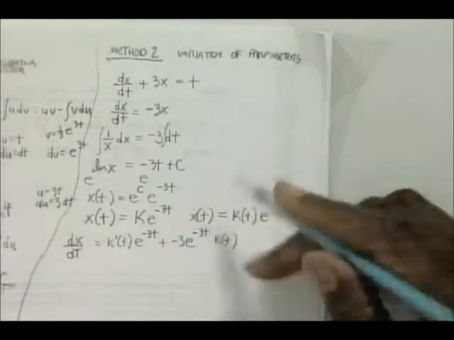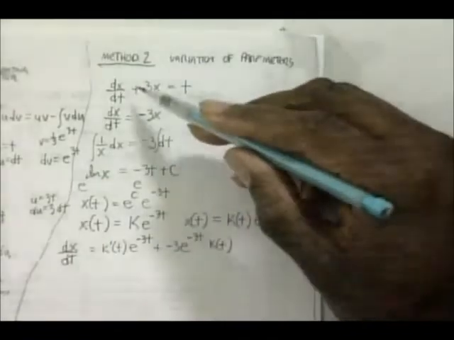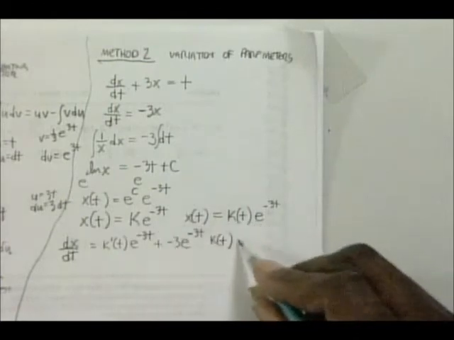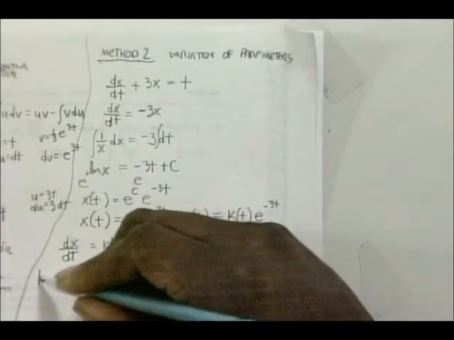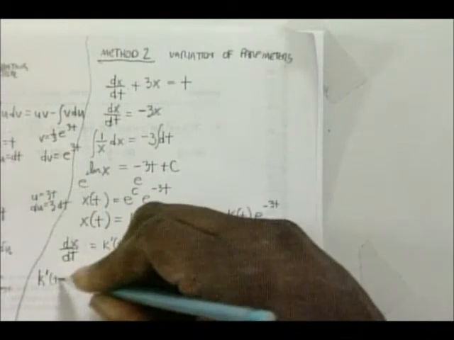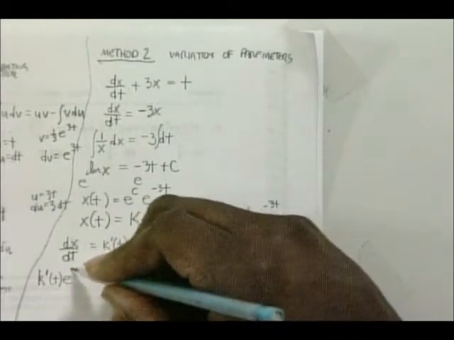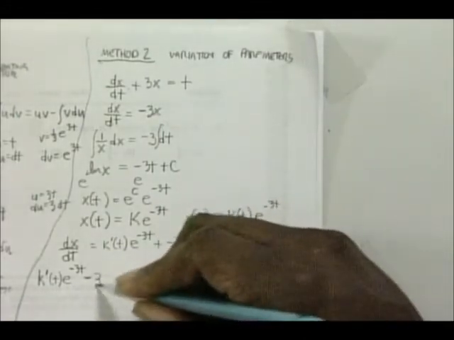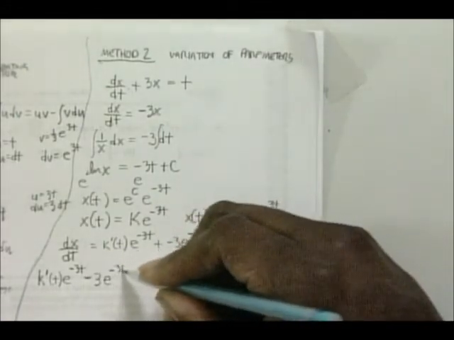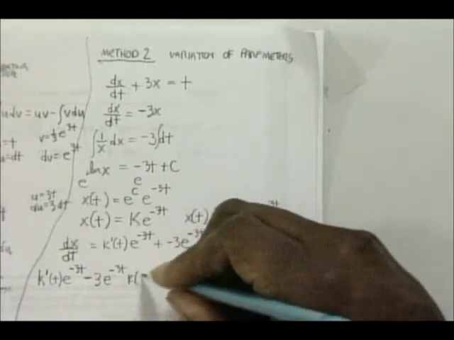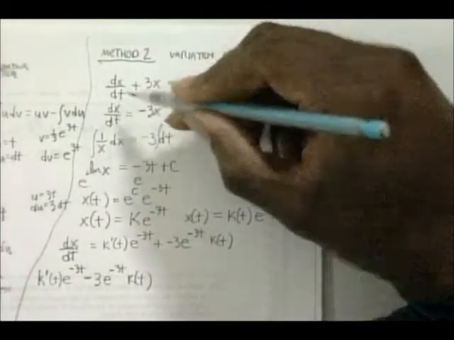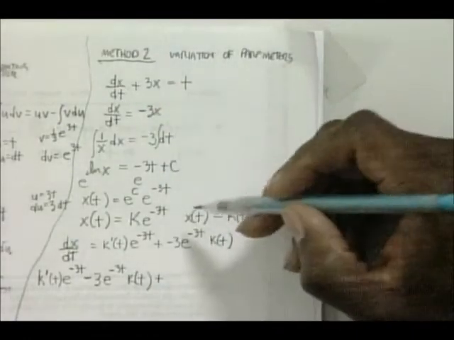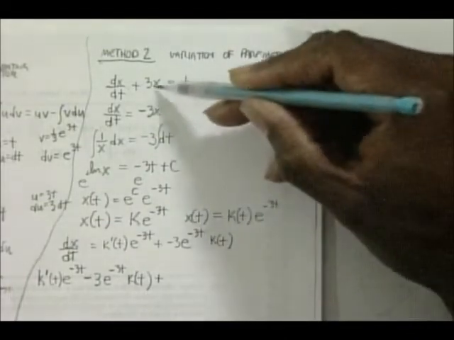So now we're going to substitute that back into our original problem. Let's just rewrite this. We have k prime sub t e to the -3t minus 3e to the -3t times k sub t, that's dx/dt, plus, now I'm going to substitute in x, which is right here, into our equation.